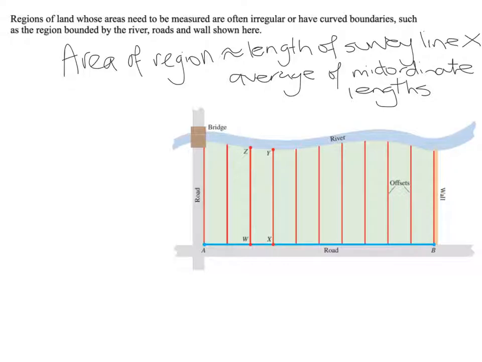Now you could shorten this a little by writing area of region with it being in subscript. Area of region is approximately equal to L, which is the length of the survey line, multiplied by the average, which is X bar, of the mid-ordinate lengths.